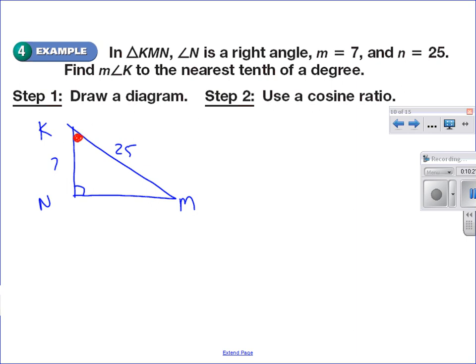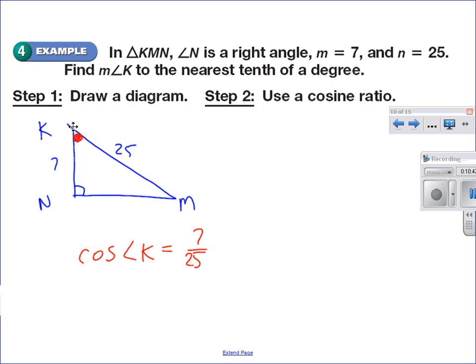Okay, so we can do this pretty quickly. We can say to our calculator, well, I have a ratio. I can say the cosine of angle K is 7 over 25. And I say to my calculator, hey, Mr. Calculator, in a right triangle, if the ratio of cosine is this, can I get that angle?